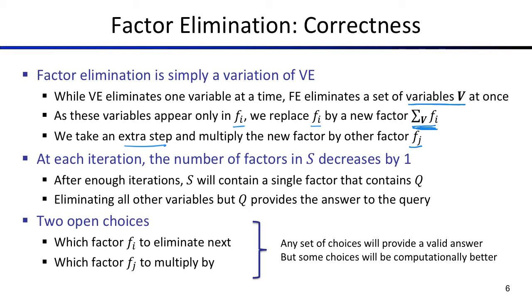Remember that in the initial factor elimination algorithm, we're going to answer queries in the form of the probability of Q, and Q is a single variable, so that's why we are doing it this way.